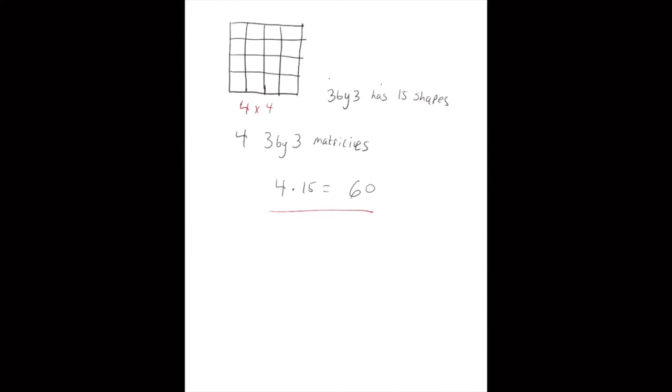For example, we've counted this shape already because that shape showed up in our 3 by 3. We counted that. We also counted a shape like this because we saw that back in our 2 by 2. So the types of shapes we're going to be looking for are something that we haven't seen before.